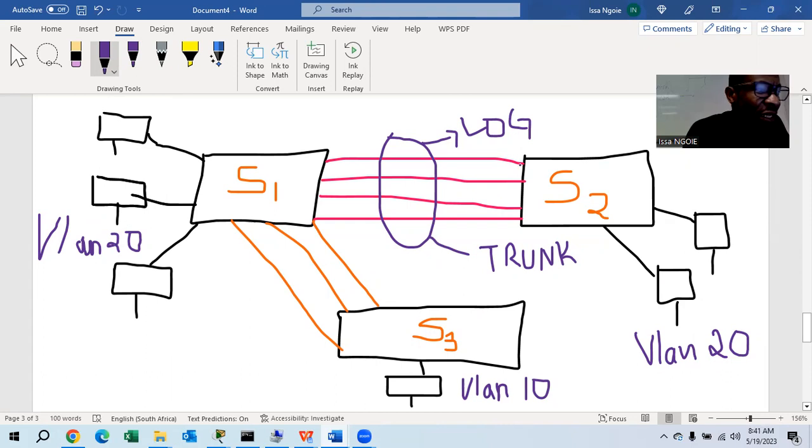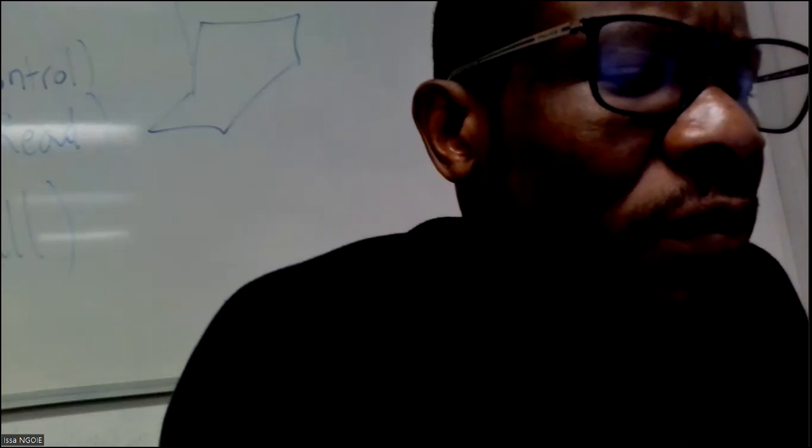Remember that when you combine those 4 links, you must make that logical link a trunk. So you have to move forward, and we are going to carry on later on. Thank you very much.